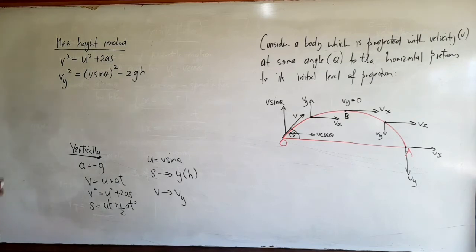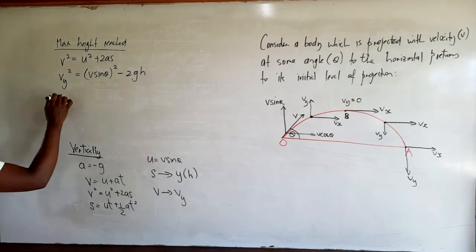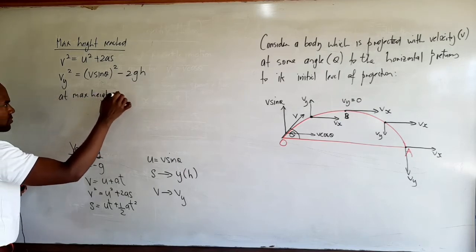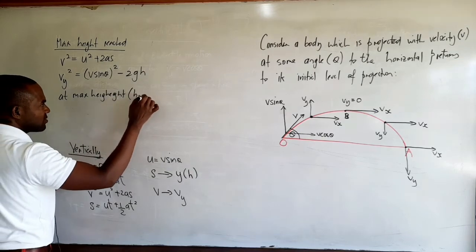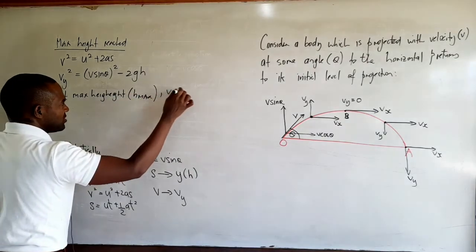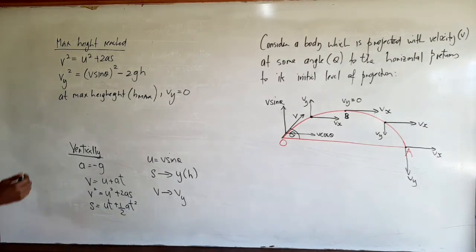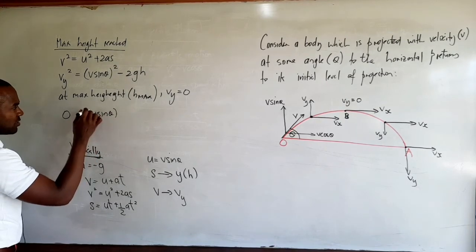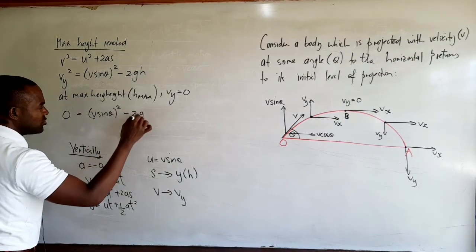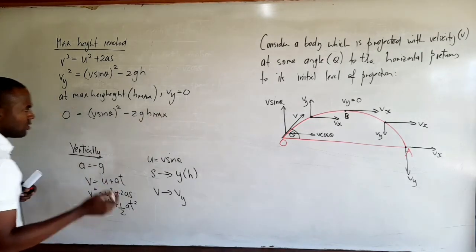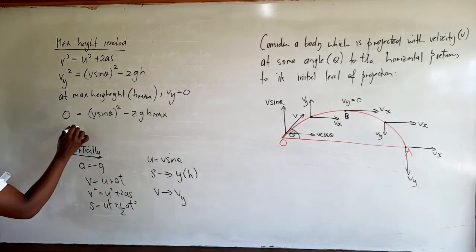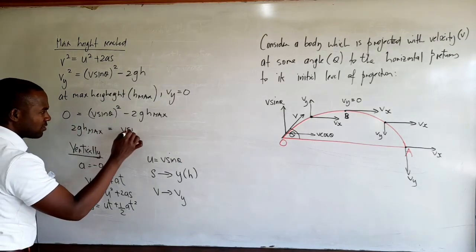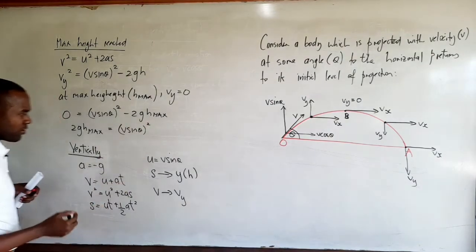Then we say at maximum height, and let's call that h max, the vertical velocity is equal to 0. And so we have 0 is equal to (v sine theta) all squared minus 2g h max. From this we get that 2g h max is equal to (v sine theta) all squared.